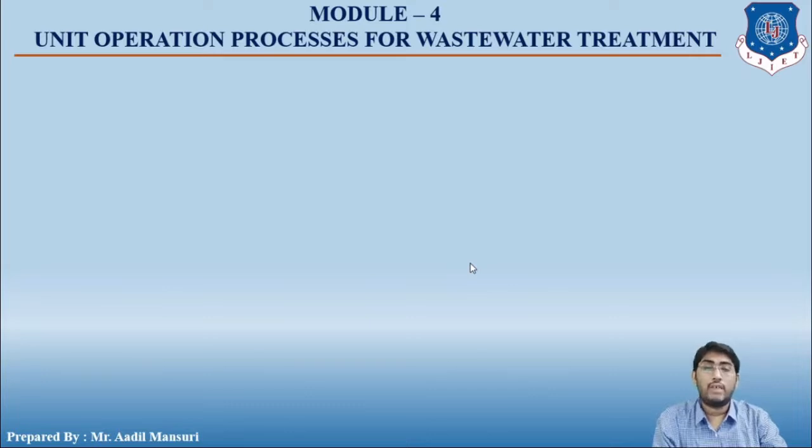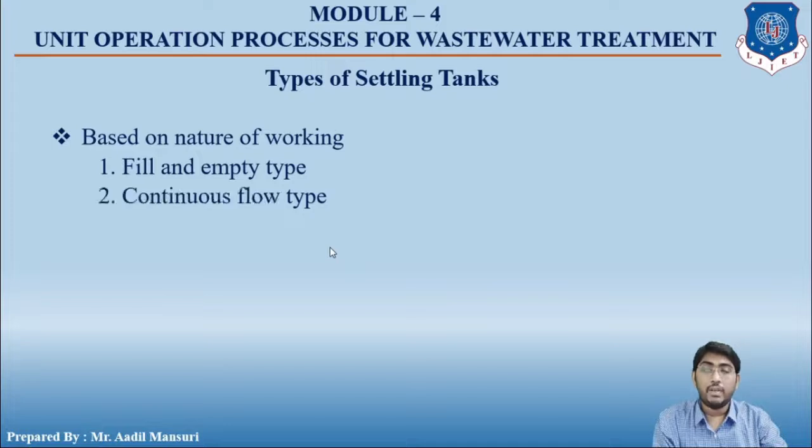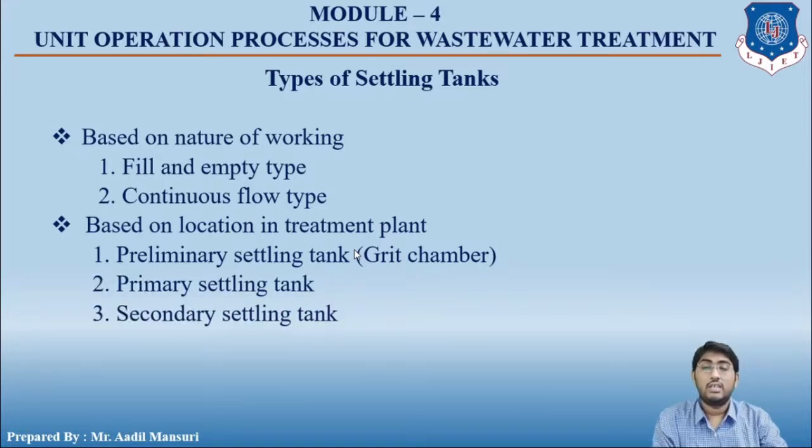So let us now have a look at the types of settling tank. So types of settling tanks based on nature of working. First one is the fill and empty type, then continuous flow type. Then based on location in treatment plant, that is preliminary settling tank, which is also known as grit chamber, then primary settling tank, then secondary settling tank.